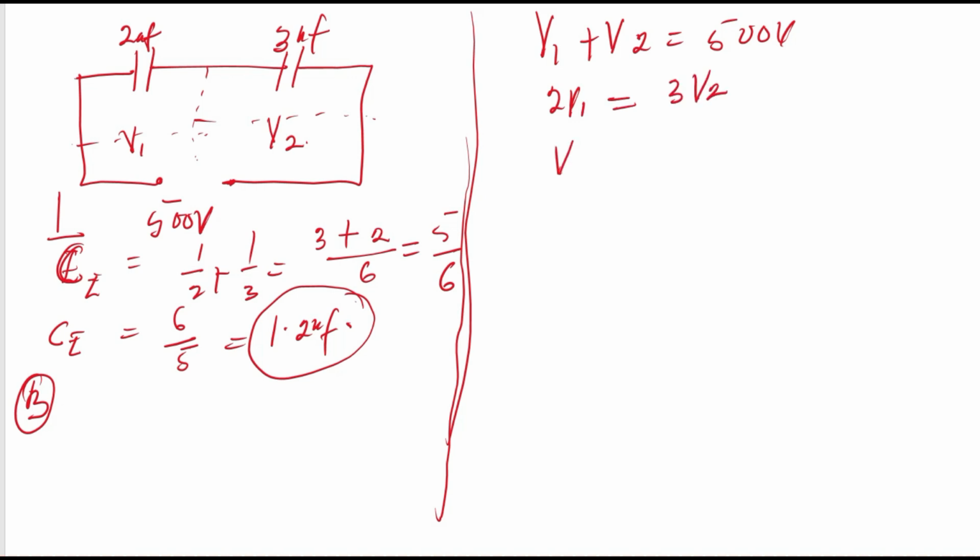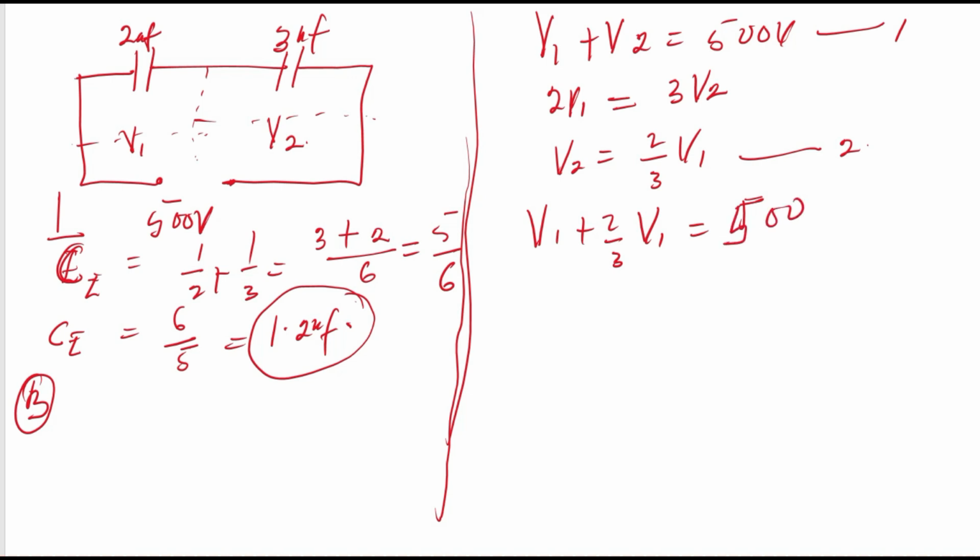So V2 is equal to 2 over 3 of V1. Let's call this equation 1, and let's call this equation 2. I'd like to substitute for V2 in equation 1, so that V1 plus 2 over 3 V1 now equals 500 volts.